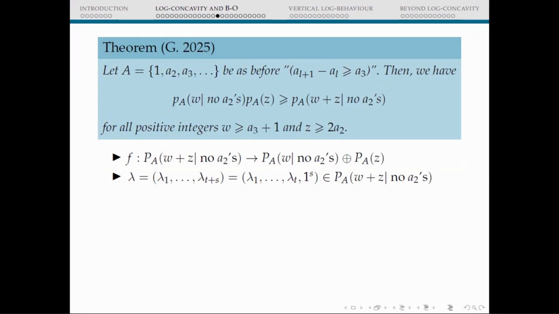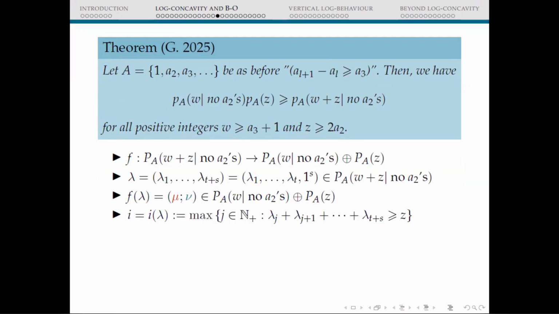All of them are of the following form, where lambda 1 up to lambda t are numbers greater or equal than A3, and there are some ones at the end. Then we want to obtain something from the Cartesian product. We define an additional parameter I, which is defined as the maximum J such that this number is still greater than or equal to Z.